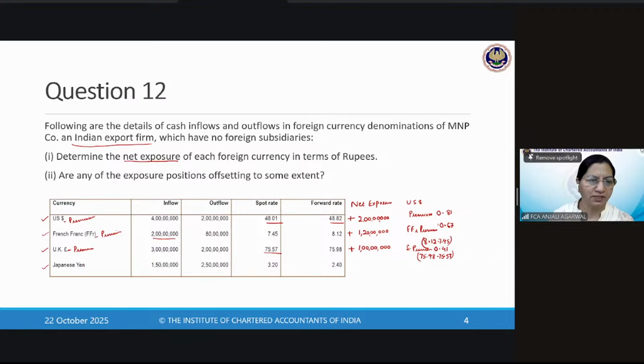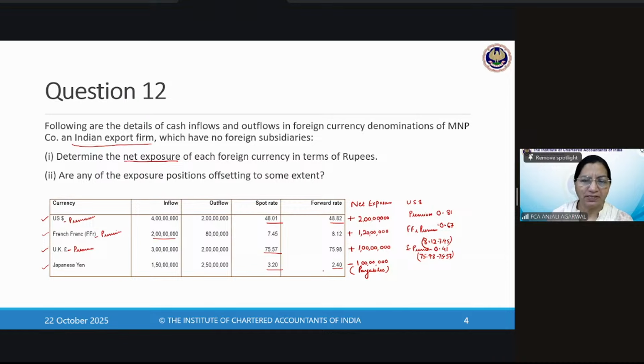Let's look at the fourth currency that the Indian export firm is dealing with, which is the Japanese yen. Here, the inflow is 1.5 crores, whereas the outflow is 2.5 crores. So here, the exposure is again 1 crore, but this time it is payables, right? 1.5 crore and 2.5 crore. So you have payables of 1 crore. Let's look at the price of Japanese yen, 3.20 and 2.40.